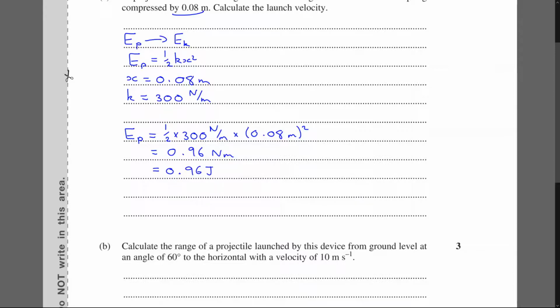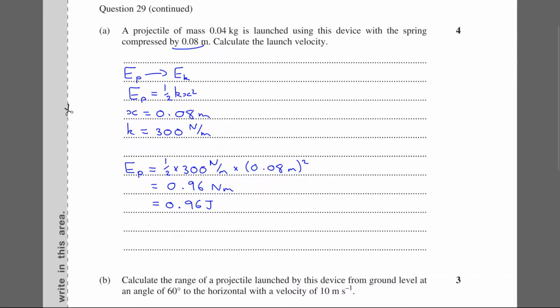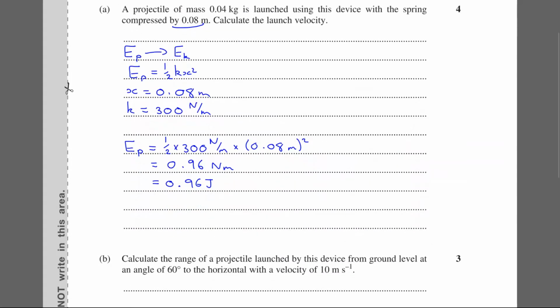So we've now got our energy as 0.96 joules. So that's good. Energy is always measured in joules, or some other type of energy unit, but we just want to make sure we've got energy units there. Because we've assumed that all of our potential energy is converted into kinetic, we can now say that EK is equal to 0.96 joules.